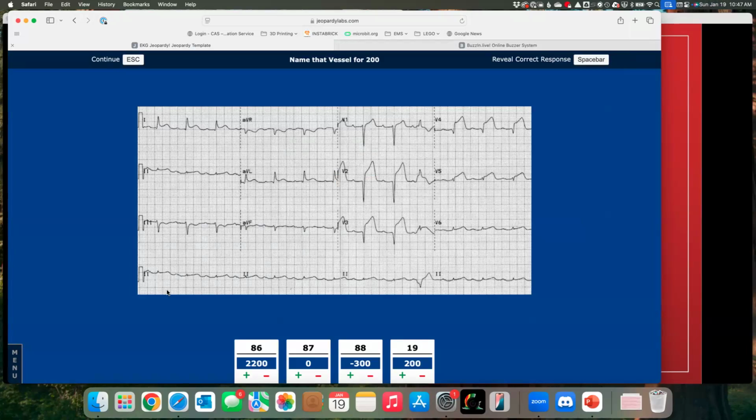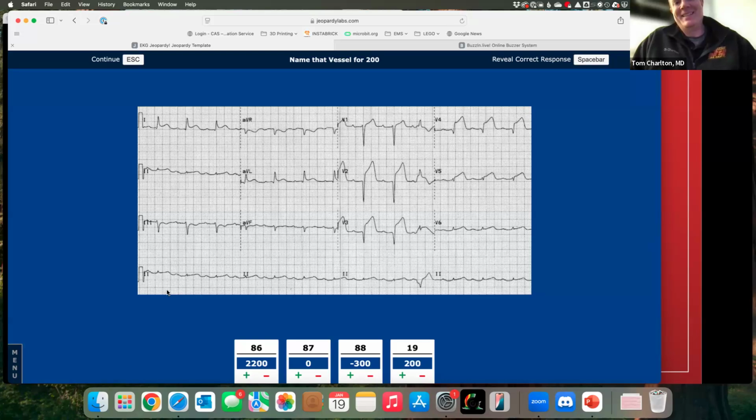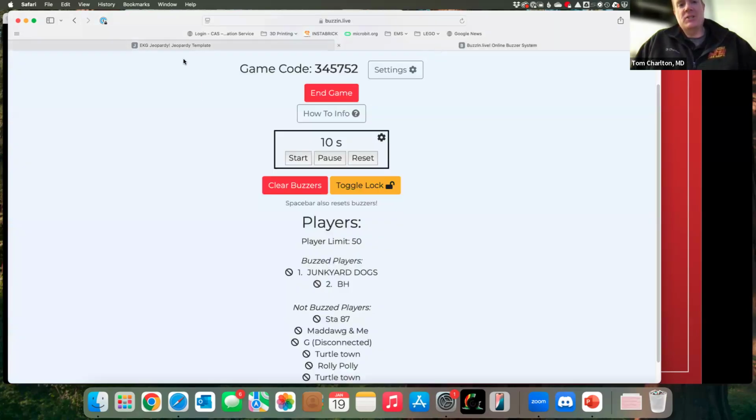What is the left main? No. Unfortunately. I don't think anybody else. BH.